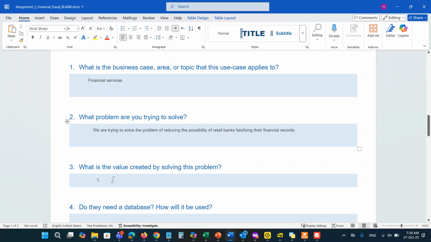What is the value created by solving this problem? Right, improve the reputation of the financial market for the banks, and elevate trust in the financial market system. Right, so in this case it's obvious, right?